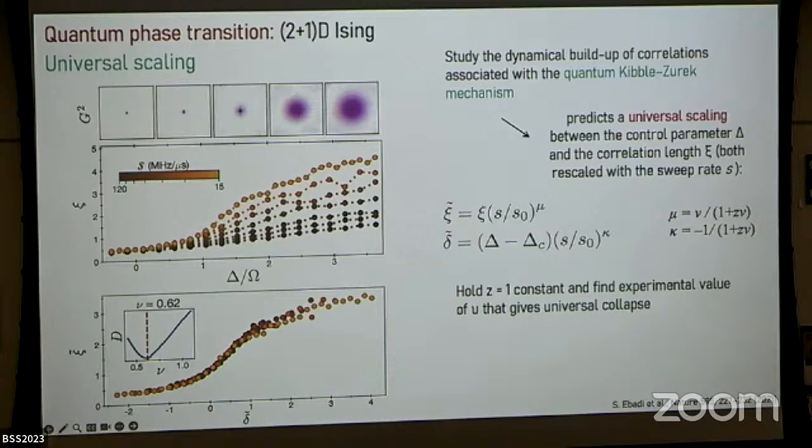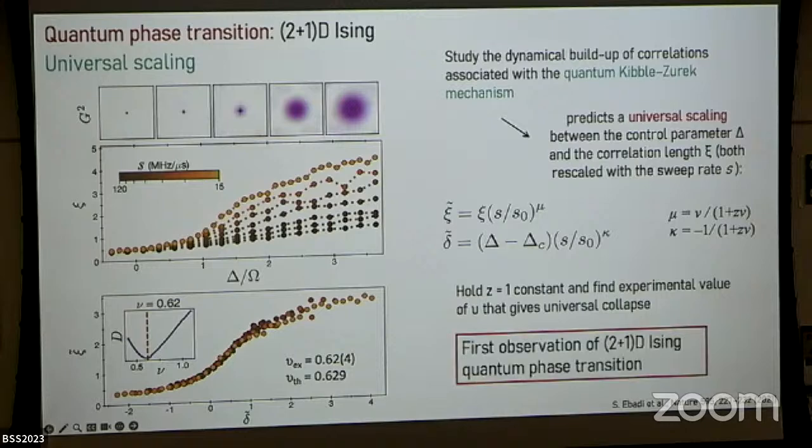We change nu to see when these data collapse onto each other. This allows us to measure the exponent as 0.62, which is close to the theoretical value. And this was the first experimental observation of this 2+1D Ising phase transition, even if it's been known in theory for a very long time. I think it was never measured in an experiment.